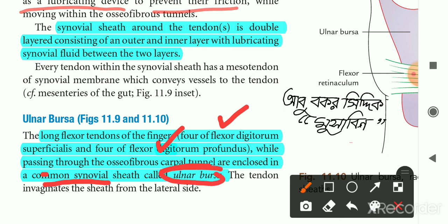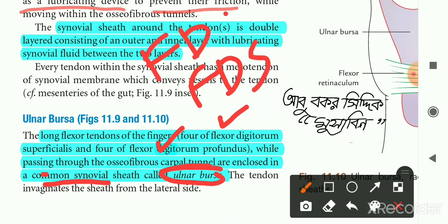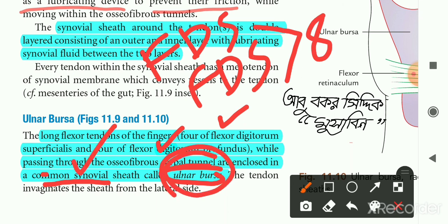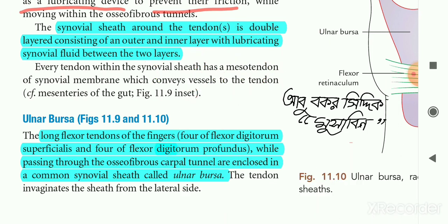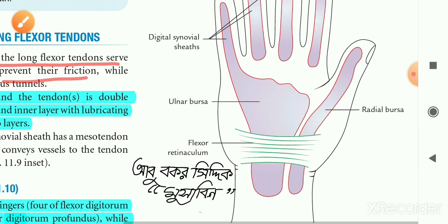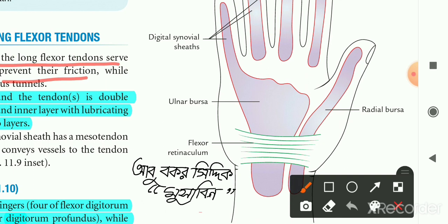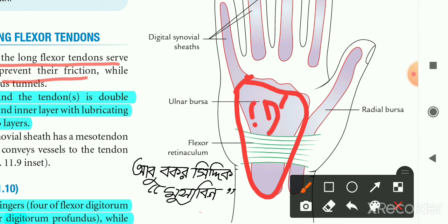That means the flexor digitorum superficialis and flexor digitorum profundus, these 8 tendons, are enclosed by a common synovial sheath, and the name is the ulnar bursa. So look at that. This is the ulnar bursa, and there remain the tendons of flexor digitorum superficialis and flexor digitorum profundus.